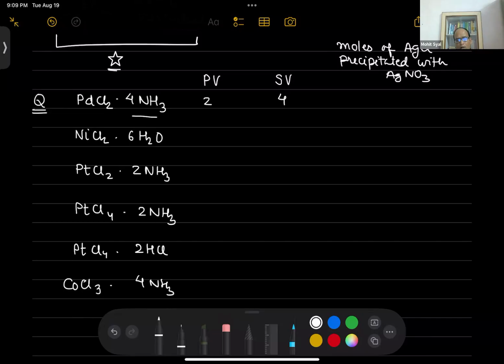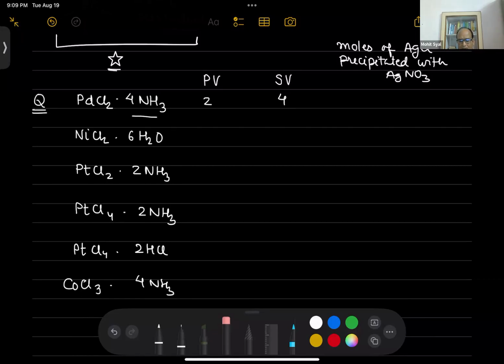Got it? If it is +2, secondary is 4 for Pt and Pd. Generally, if the primary valency is +4, the secondary valency is going to be 6. That is only for platinum and palladium. Clear?